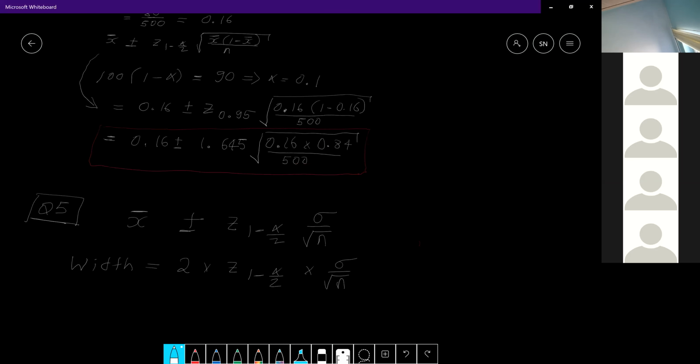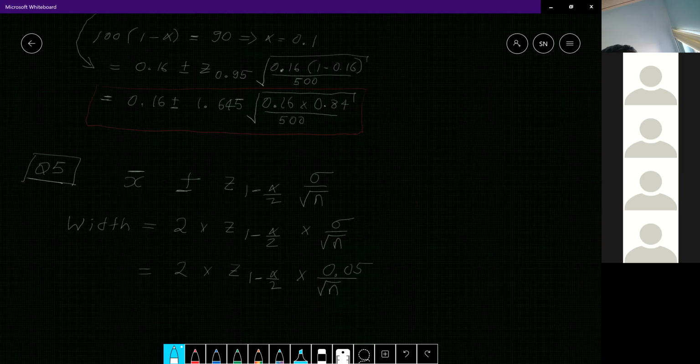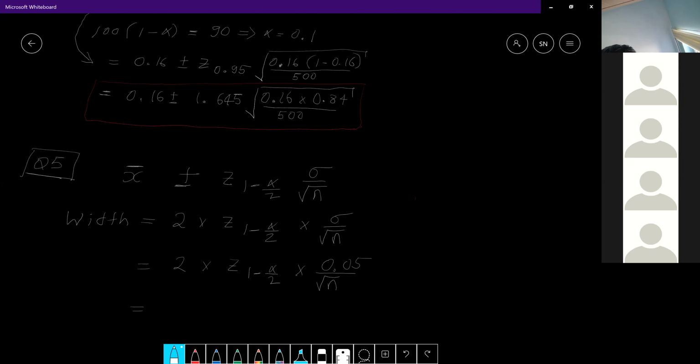We know that sigma is 0.05, so this is 2 times z_{1-alpha/2} times 0.05 divided by square root of n, which is 0.1 multiplied by z_{1-alpha/2} times 1 over root n. So this is the width.